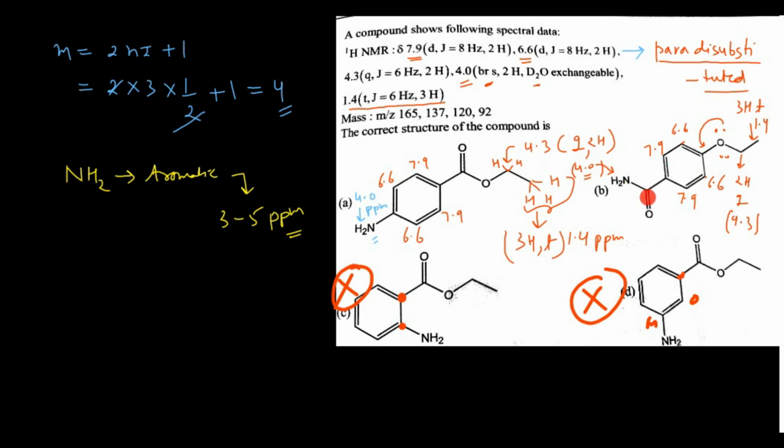And due to the presence of this carbonyl, their original value, if you check the spectrum, will not come at 4 ppm, but somewhere around 6 ppm, right? But in the question itself it is given that the value is 4 ppm. So on the basis of the chemical shift of this NH2, which is flanked with this C double bond O, you can discard option B also. So you are left with option A, and that option A is the correct answer for you.